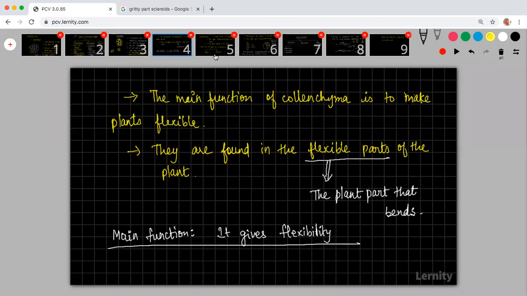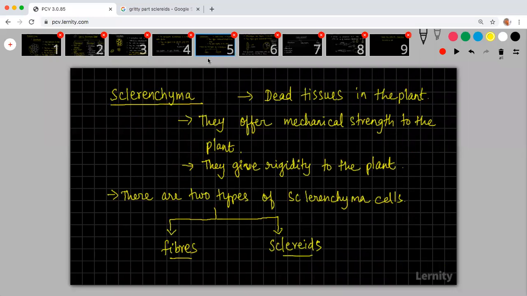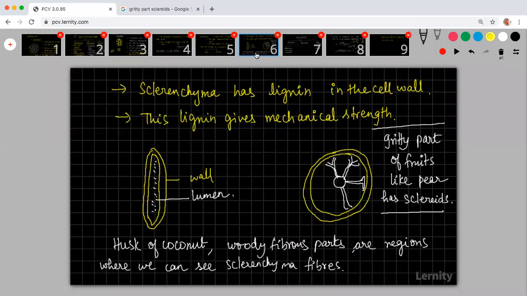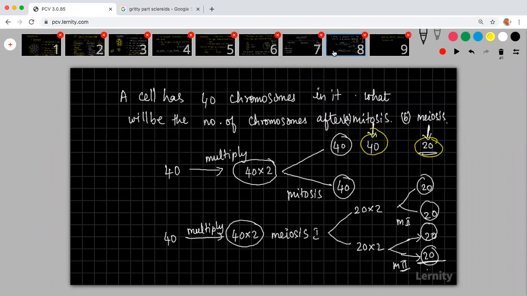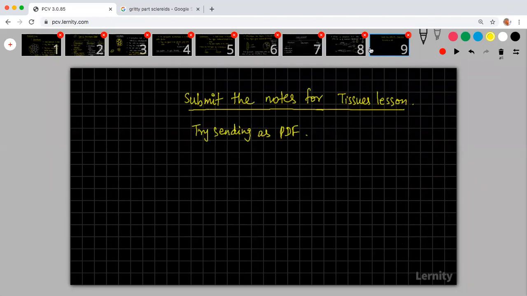Fourth, fifth, nothing to my mobile number, only to mail ID. Sixth, seventh, eighth, ninth.